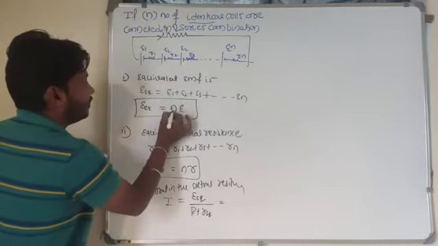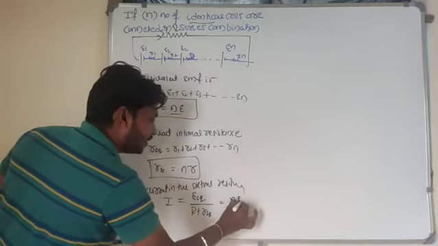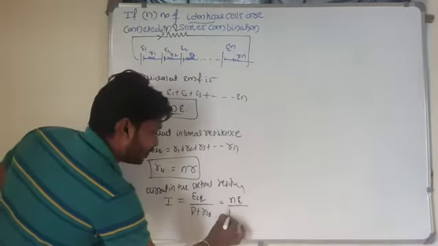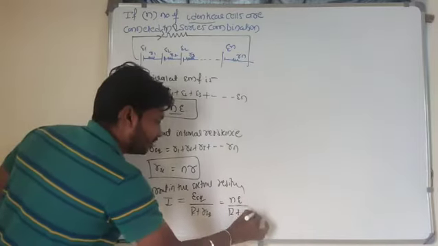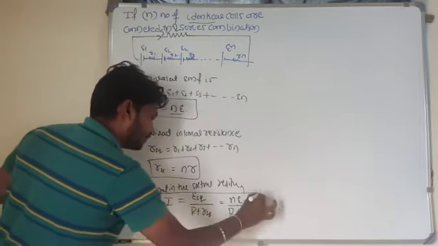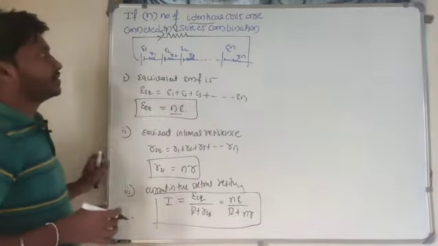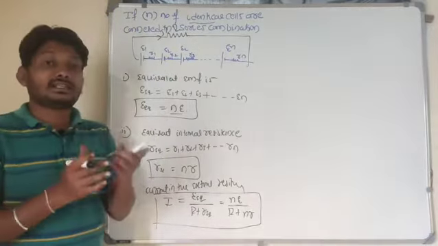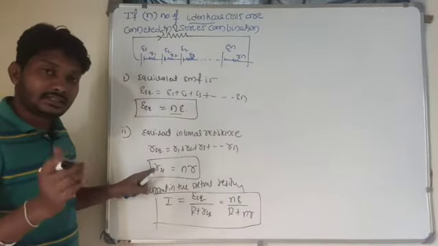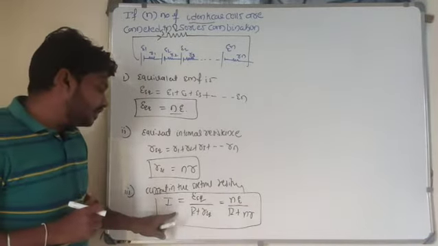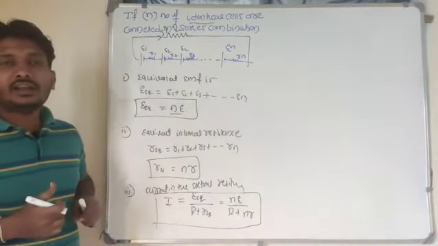What is the E equivalent value here? n into E. Divided by R plus, what is the R equivalent value? n into R. So this is the required equation. If n identical cells are connected in series combination, this is the equivalent EMF, and this is the total current in the external resistance.